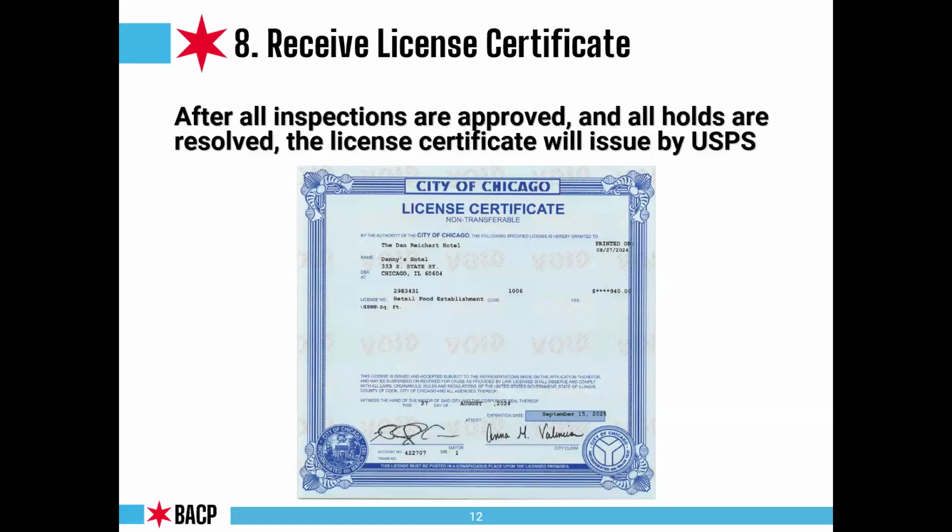Again, this varies by license type. If you are an administrative office, or a retail store selling just general merchandise, nothing but food, chances are you'll get your license same day if you've satisfied the needed information.